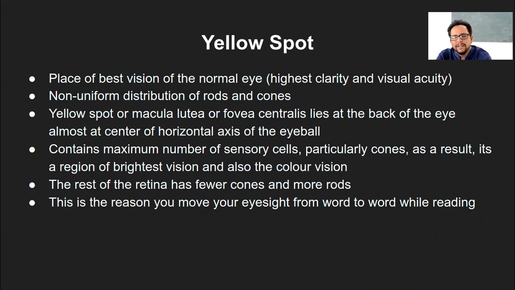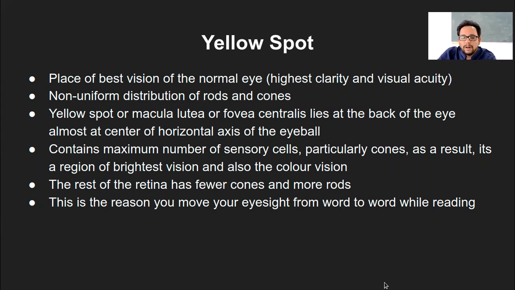So clarity means the way you see, like when we say the picture is very clear and the pixels are not breaking, that's something like highest clarity. And visual acuity means you are able to see each and every structure very clearly throughout. So that is that particular point within the eye structure where there is the best vision of the eye, that is called the yellow spot.